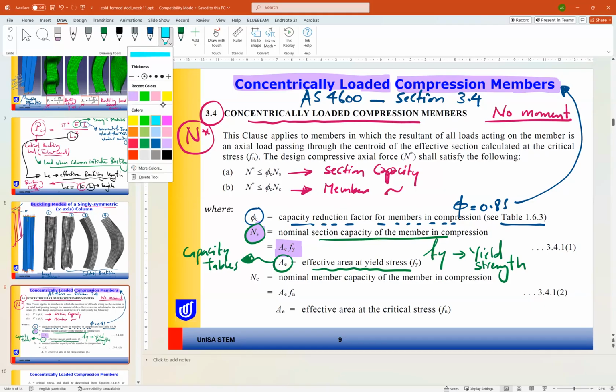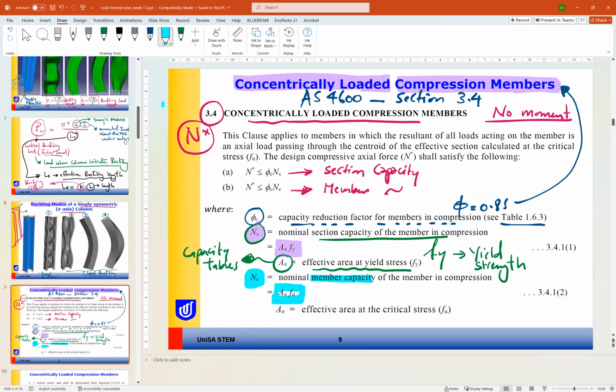And for NC, what is NC? NC is the nominal member capacity, which is equal to AE times Fn, where AE here is not the effective area at yield stress. It is the effective area at critical stress. So AE here is not from the table. We need to calculate AE. Fn is the critical stress as well.